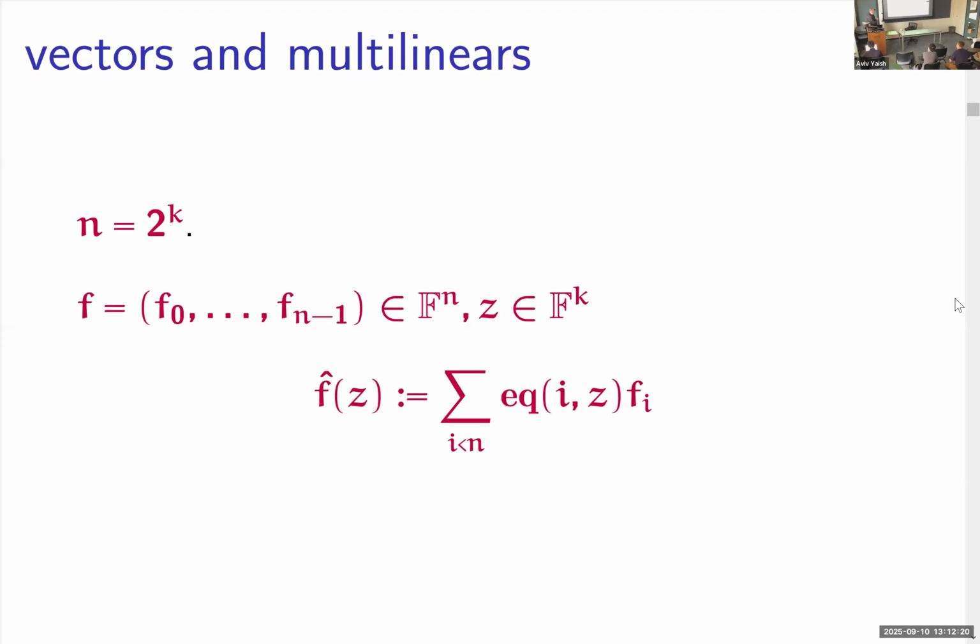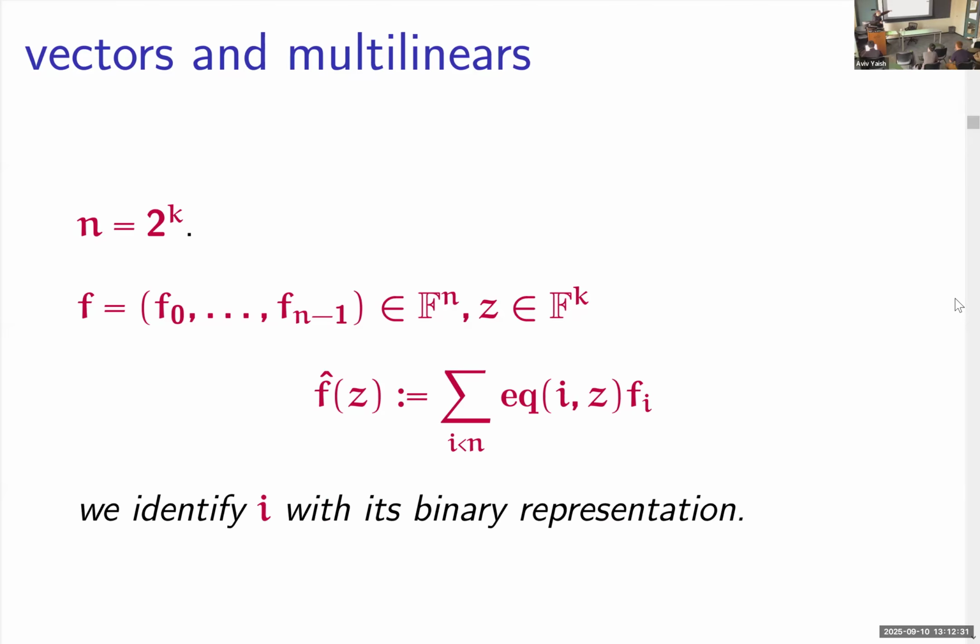So f hat of z is just the sum of EQ_i times f_i, where the first input should be a k-tuple of values, so I'm identifying an i smaller than n with its binary representation. So basically we're always going to identify a vector of length n with the log n-variate multilinear that gets the vector's values on the cube.